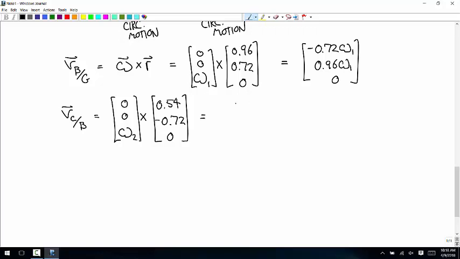And that one is positive 0.72 omega 2 and positive 0.54 omega 2, 0.